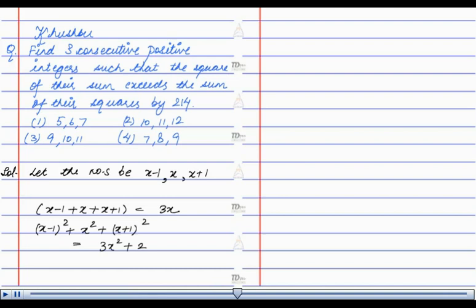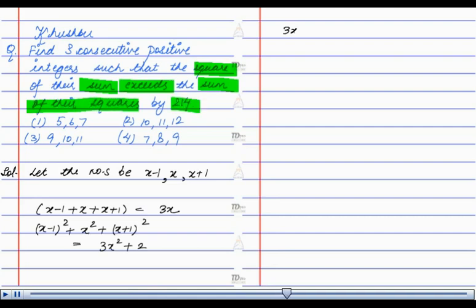It has been given that the square of their sum exceeds the sum of their squares by 214, that is (3x) whole square is equal to 3x square plus 2 plus 214.